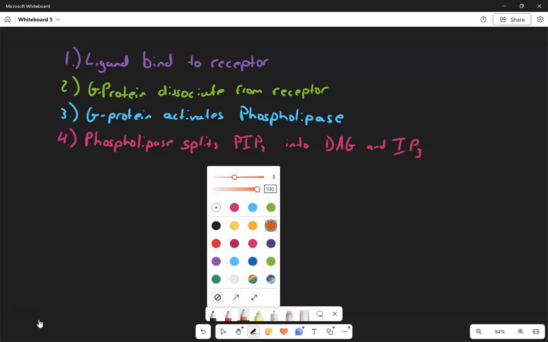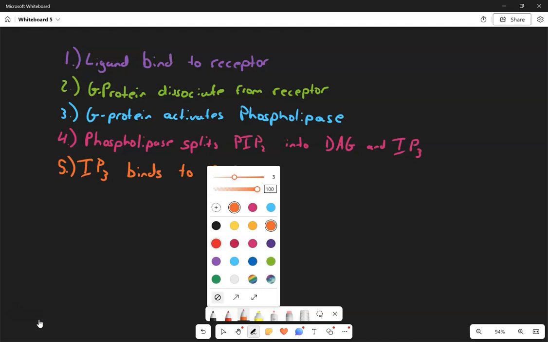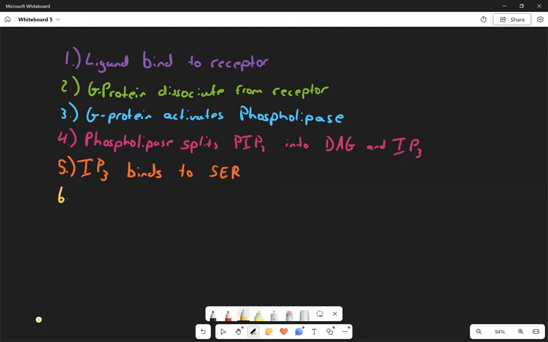Okay. So then IP3 is going to bind to the smooth endoplasmic reticulum. And then the smooth endoplasmic reticulum is going to release calcium.